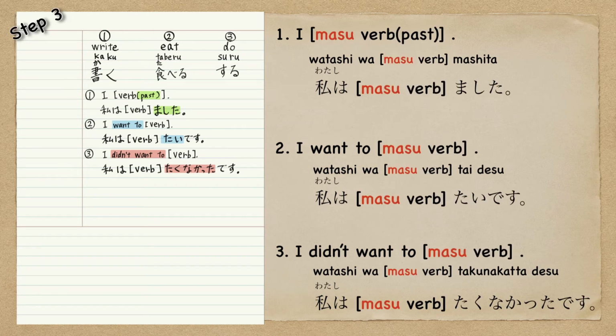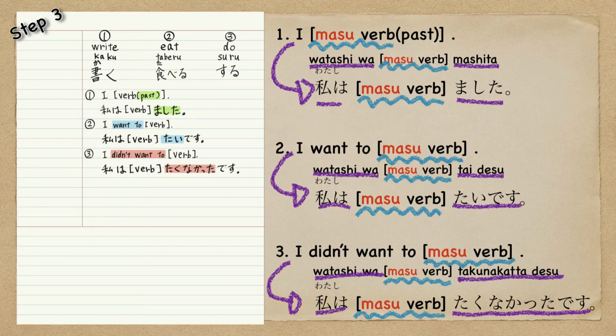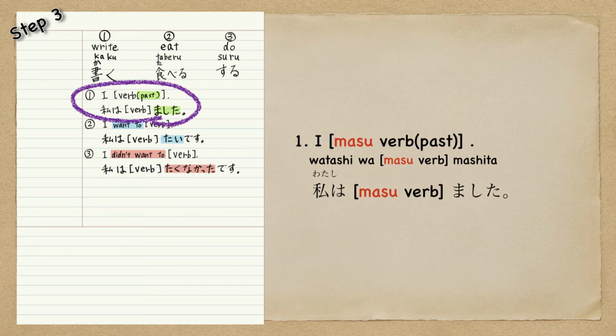Okay, step 3. Make the masu form quickly. Do you remember the rules? Group 1, う becomes い. Group 2, throw away る. Group 3, 来る becomes き. And just put it in those phrases. Example, I verb past. 私は verb ました. What verb do you use?